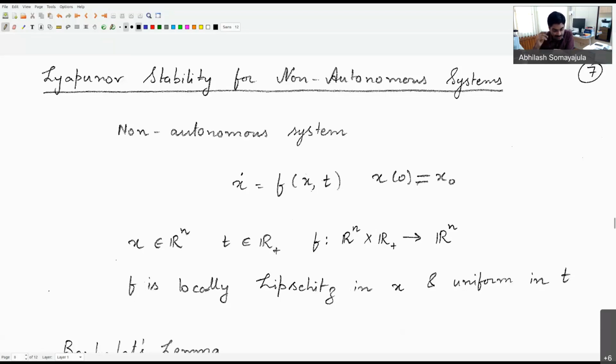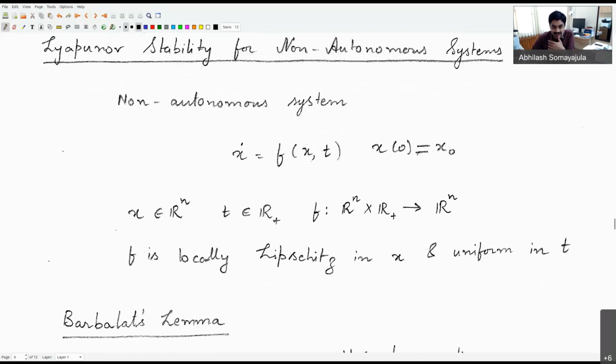So we need to look at non-autonomous systems at some point down the line. Although in some cases we can get away with the idea of autonomous systems, in general, most of the systems which we are interested in practically will be non-autonomous in nature. So it is important to look at what is going on with these non-autonomous systems.